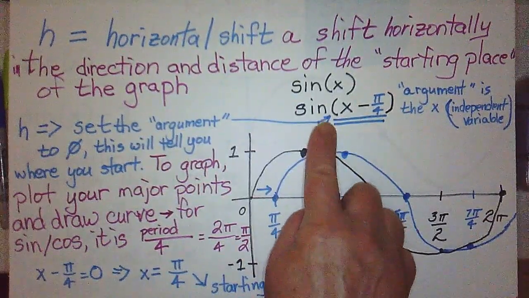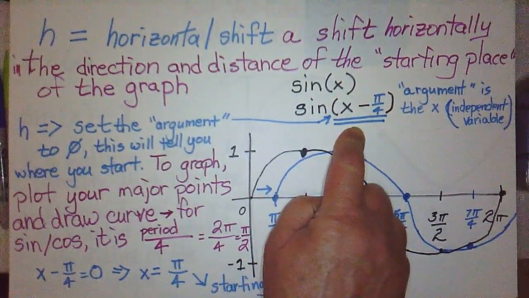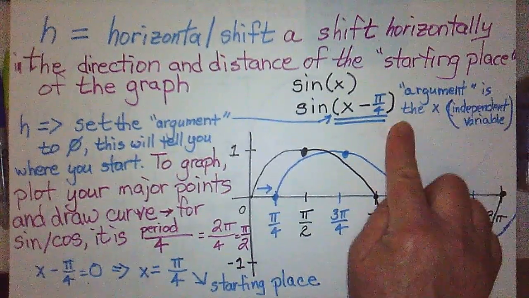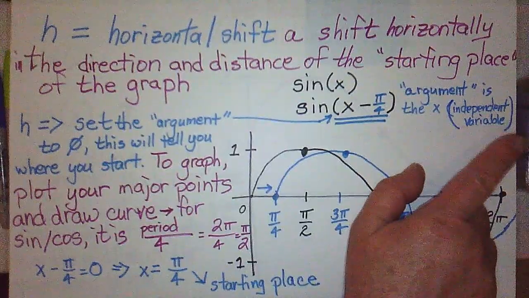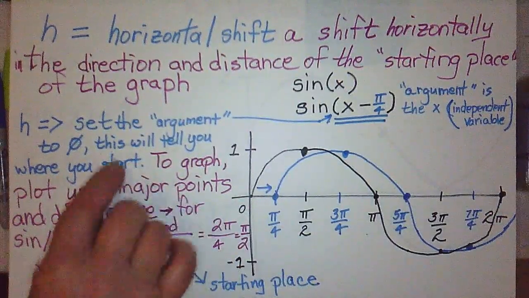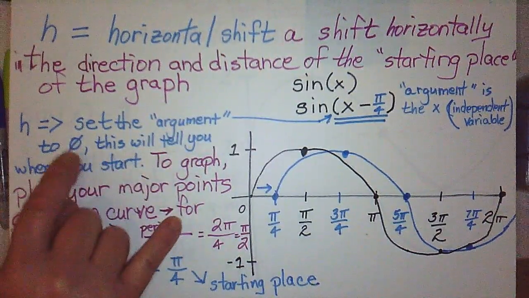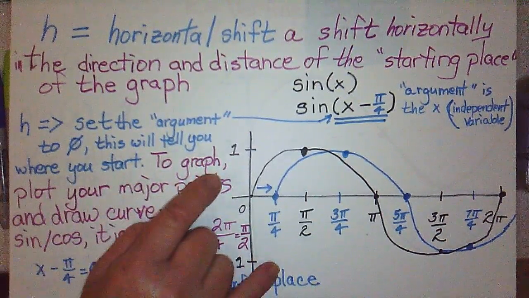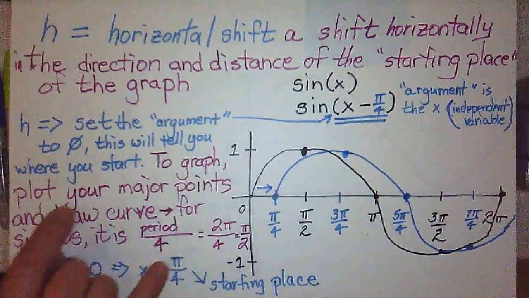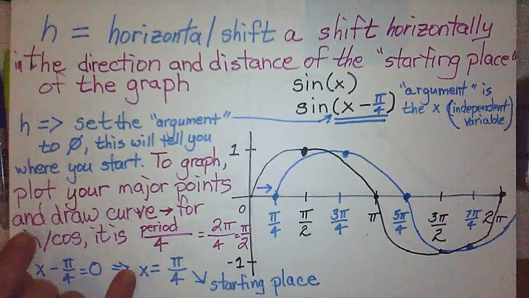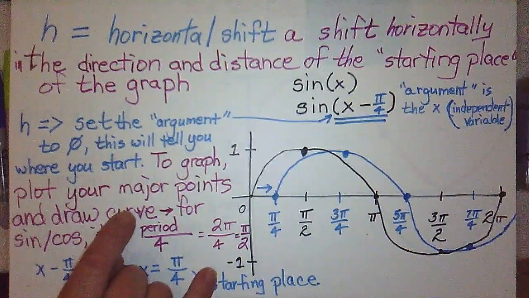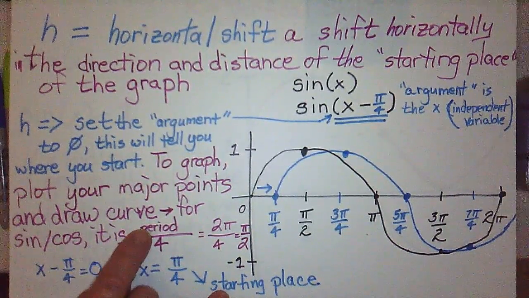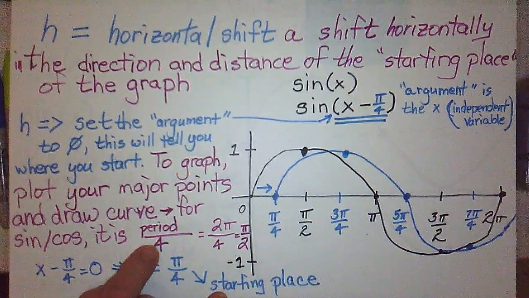So all of this needs to be taken as one entity. It's called the argument. It's the independent variable of a function. So when you set the argument to 0, this will tell you where you start. And then to graph, you plot your major points and draw a curve. For sine and cosine, the step is whatever the period is divided by 4.